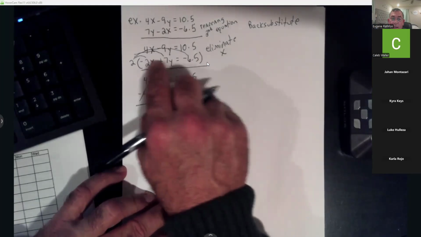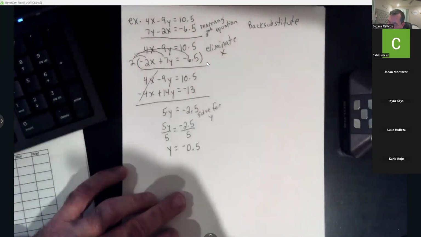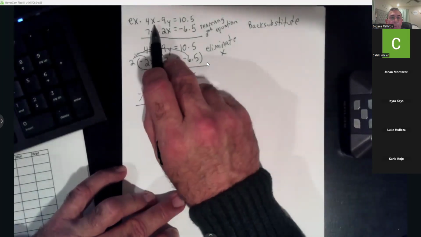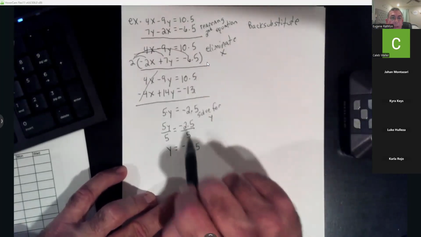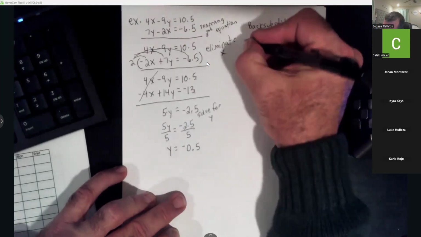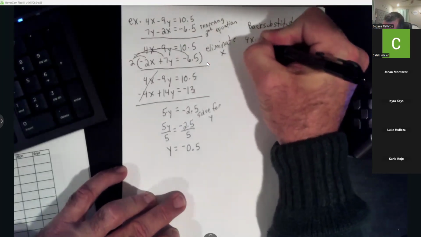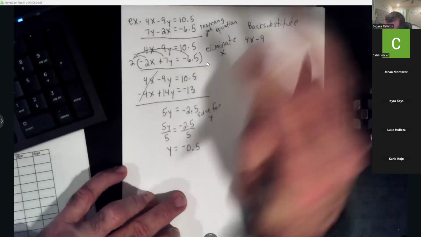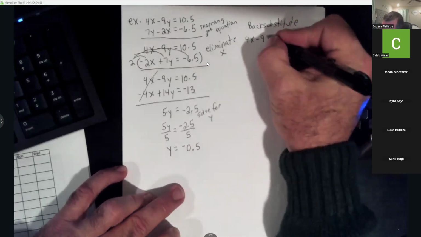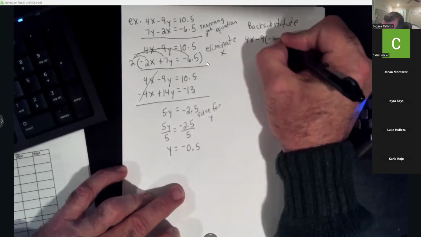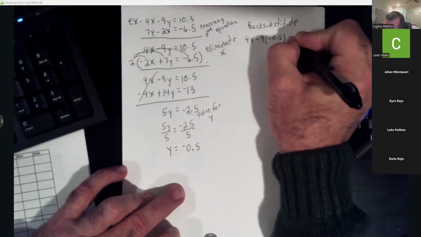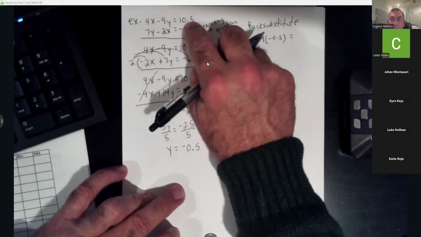I can use this one where I got it in different order. It don't matter. I'm just going to use that top one, I think. So I don't know what x is. So I got 4x minus 9 times y, which is a -0.5. That's going to equal 10.5.